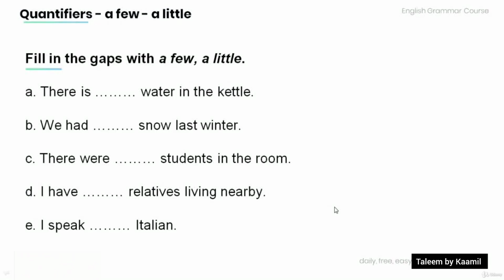And now, it's time for you to practice on your own. Read the following sentences and fill in the gaps with a few or a little. A. There is water in the kettle. B. We had snow last winter.